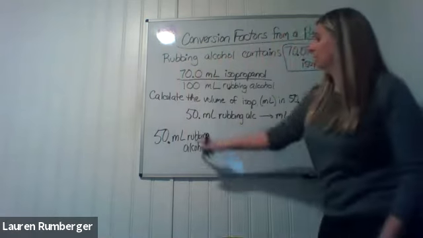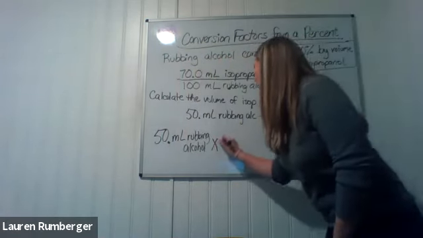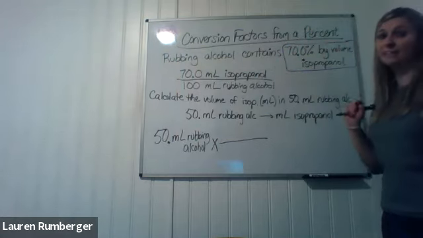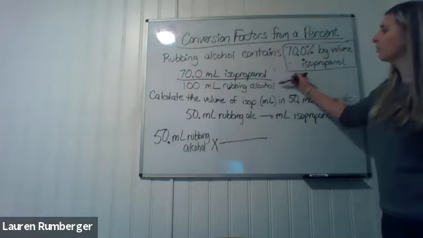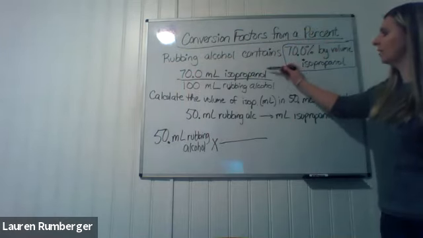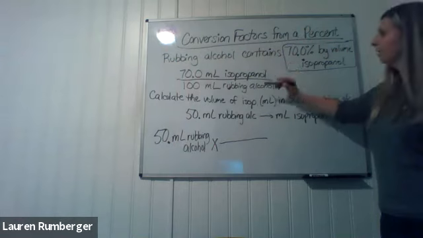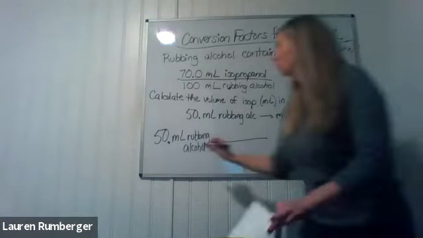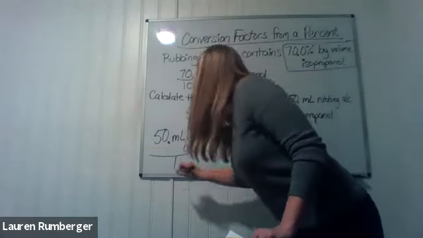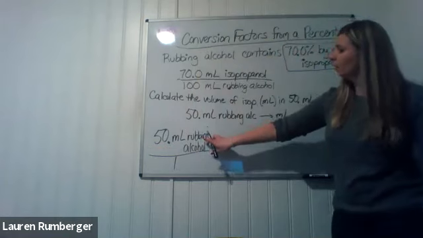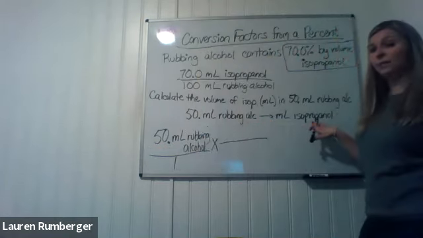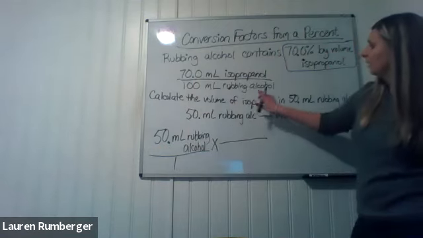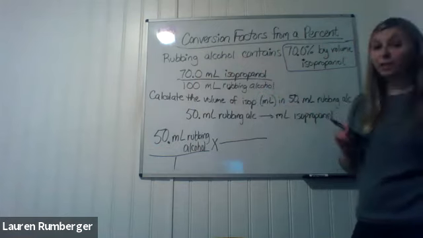Okay, so we have 50 milliliters of rubbing alcohol. Looking at what we have written here from the percentage, we can treat this like a conversion factor. What we have is the isopropanol in the numerator and the rubbing alcohol in the denominator. In the problem here, we have rubbing alcohol in the numerator, which we want to change to isopropanol. So we're going to keep this fraction as is.